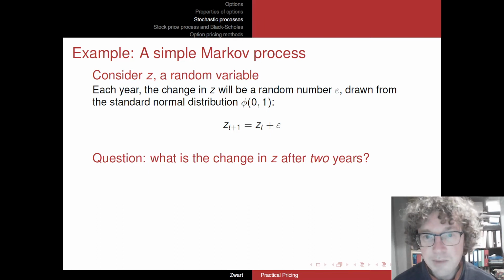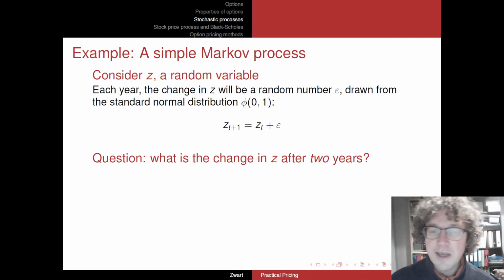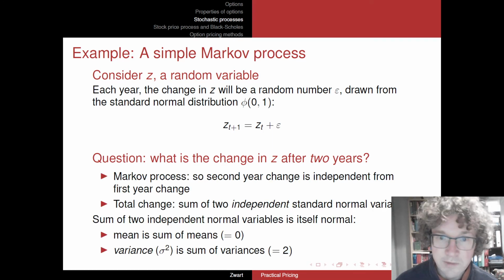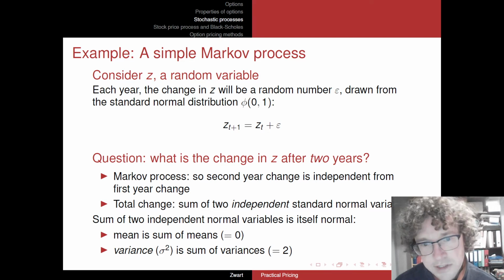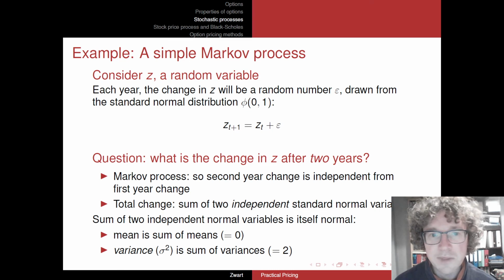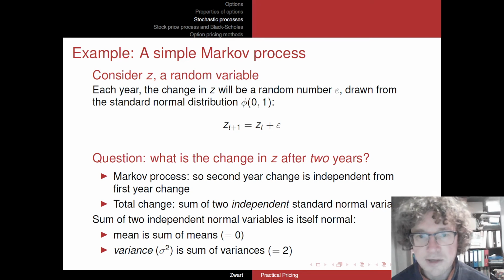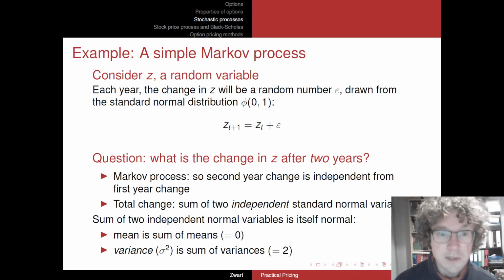In the first year there will be some standard normal distributed epsilon added to our z, and then in the year after that, again one standard normal variable epsilon will be added to that. But since this is a Markov process, the second year change, the second epsilon that we'll add, is going to be an independent draw compared to the first year change.